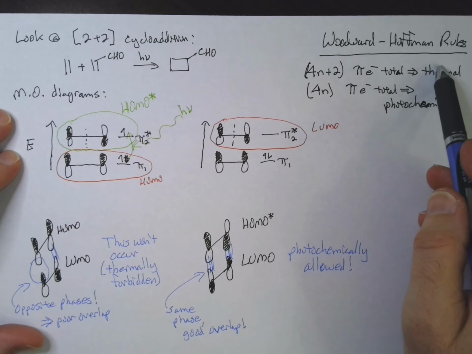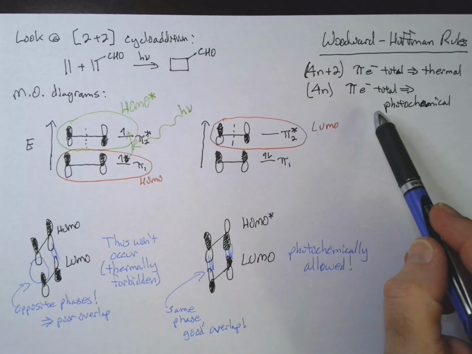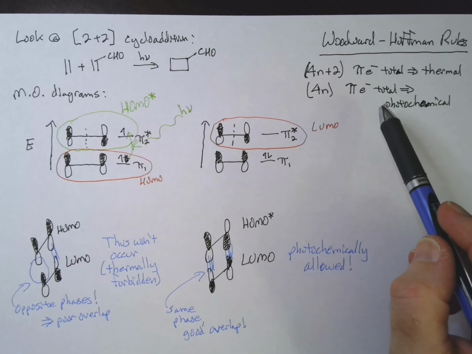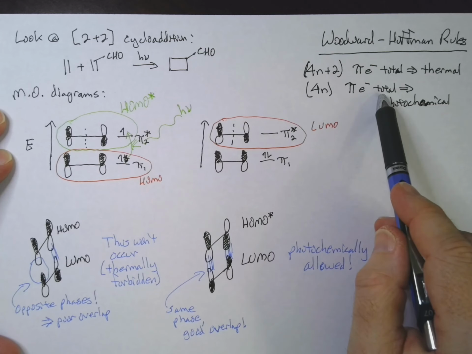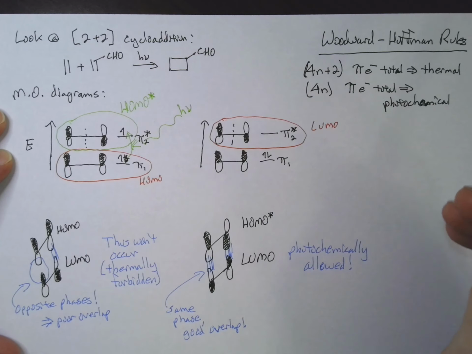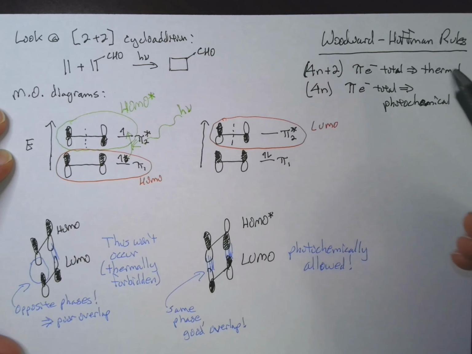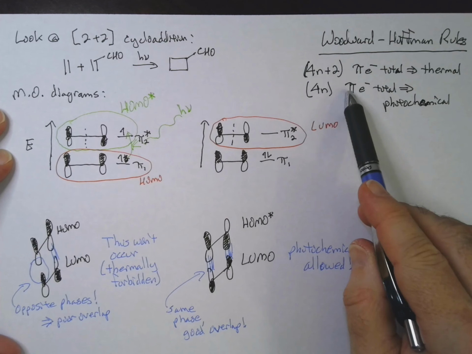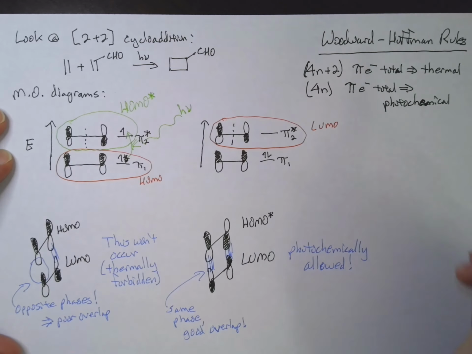So the Diels-Alder should be thermal. The 2+2 cycloaddition should be photochemical. What if I had a 4+4 cycloaddition? Well, according to the Woodward-Hoffmann rules, 4 plus 4 is 8, which is 4 times 2, and n is 2. So a 4+4 cycloaddition should be photochemical, just like a 2+2 cycloaddition is.